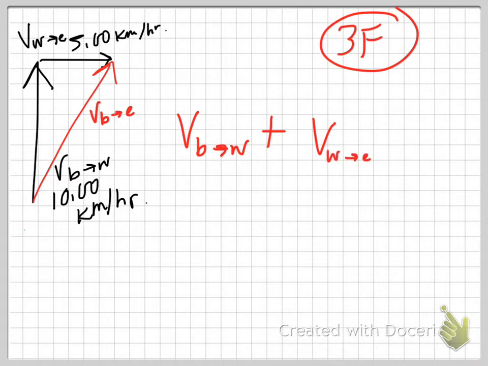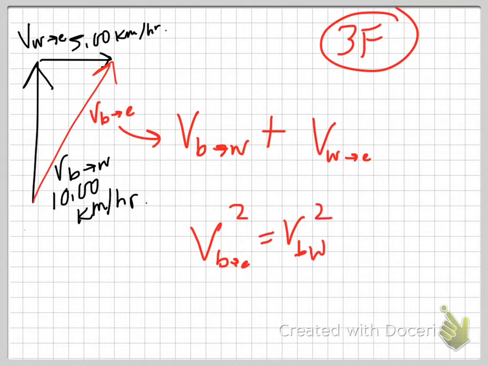Though you're not just adding them, of course, because they're not on the same axis. So we know here that VB on E squared, it's Pythagoras, equals VBW squared plus VWE squared.